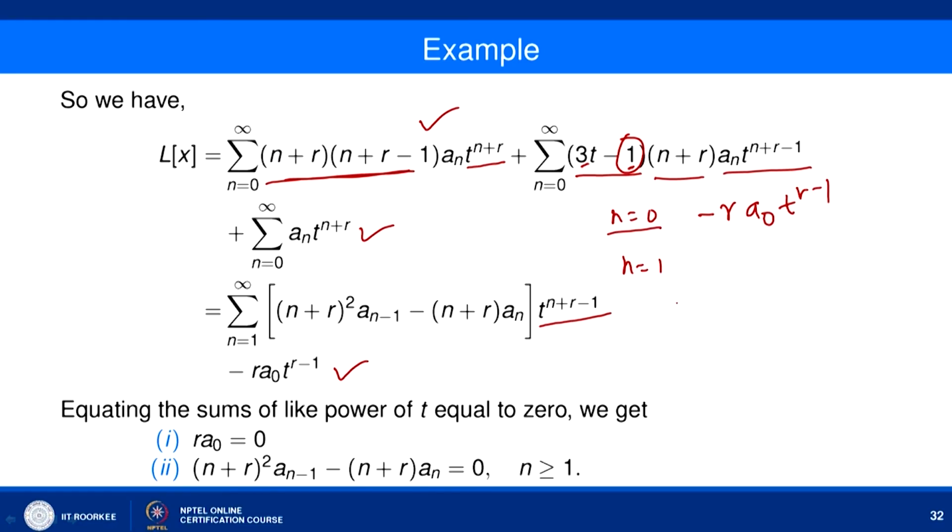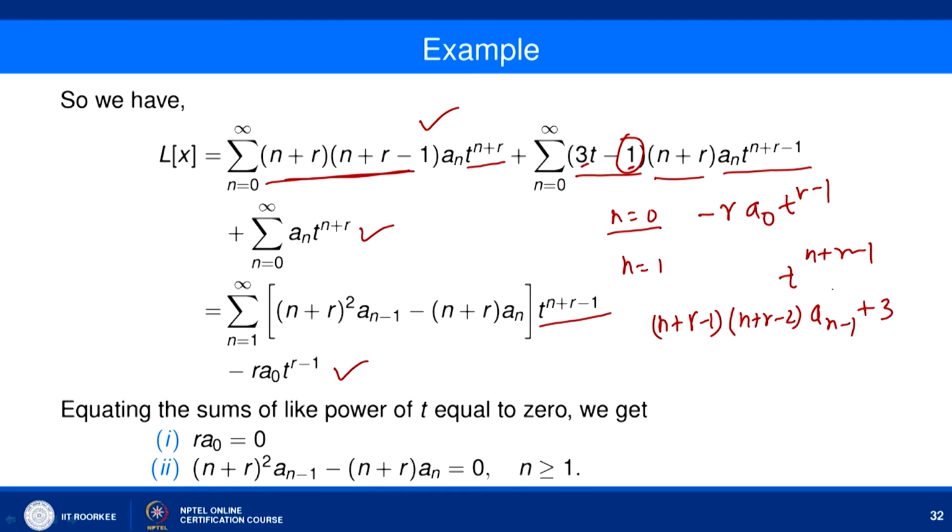Let me write it here. We just want to calculate t to the power n plus r minus 1. So the first term will give you n plus r minus 1 into n plus r minus 2, replacing n by n minus 1, into a n minus 1.